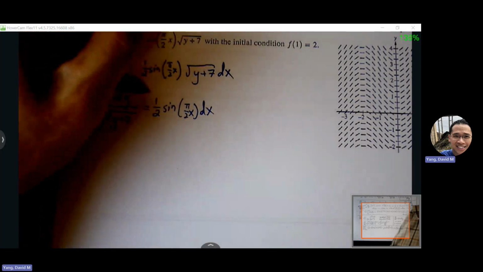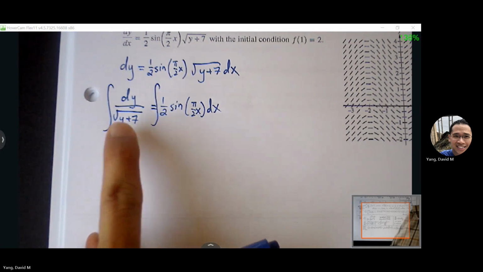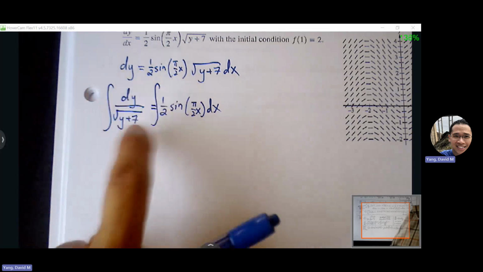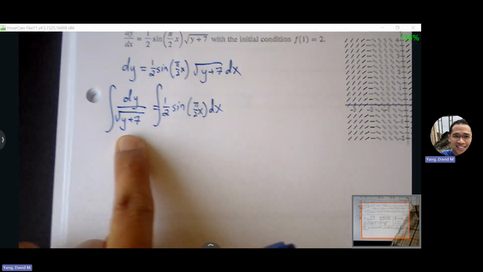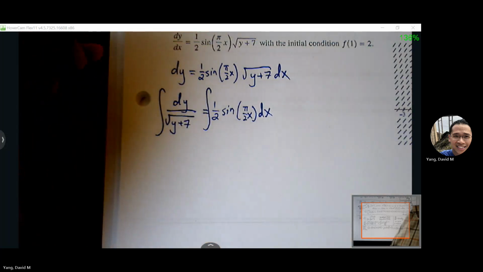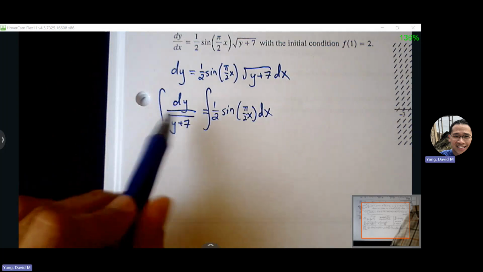Okay, now the left side here, now that we have full separation, we can go into our integral step. And what do you think we have to do here to get it ready for our integral? And can you identify the integral rule that we're going to use on the left side? Maybe I can get a set of parentheses to show up.